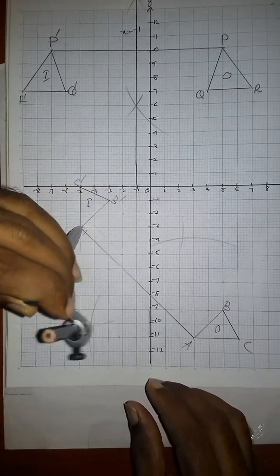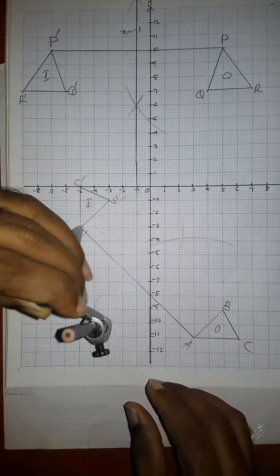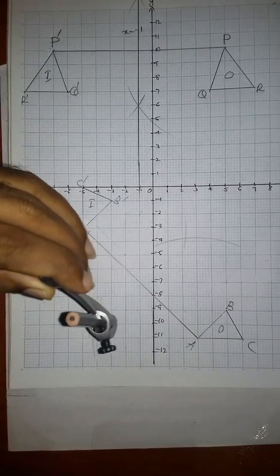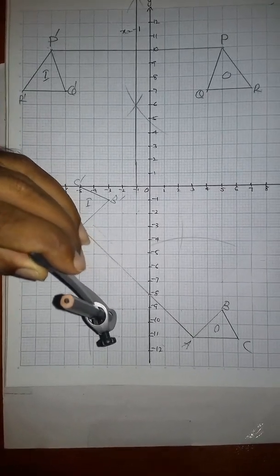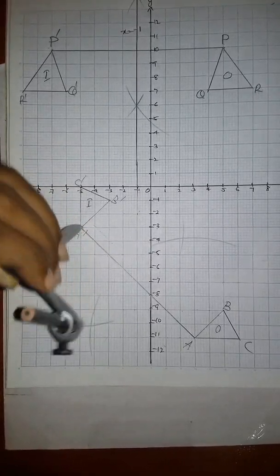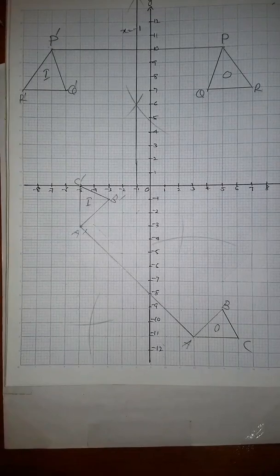Cut arcs on the previous arcs. Right, now you got the points of intersection of the two arcs, and join them.